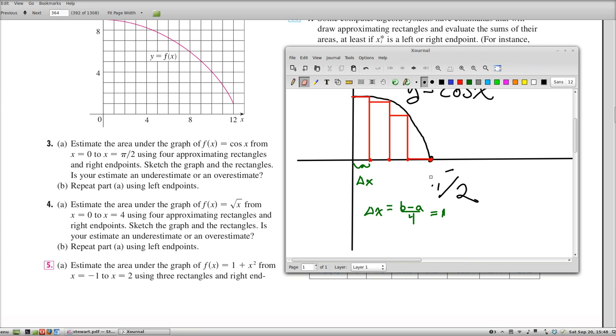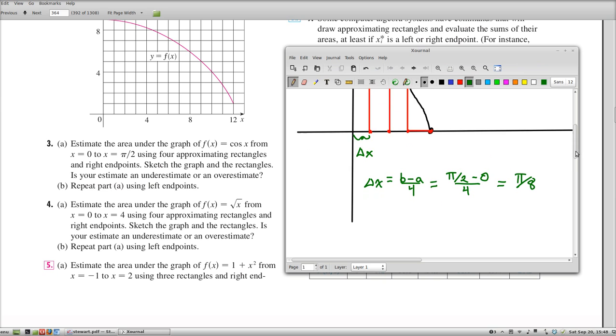Okay, sorry. B in this case is pi over 2, a is 0. And so that means that delta x is equal to pi over 8.